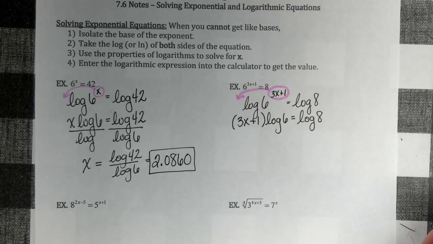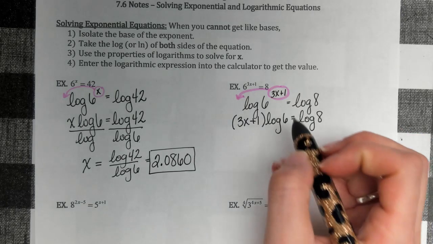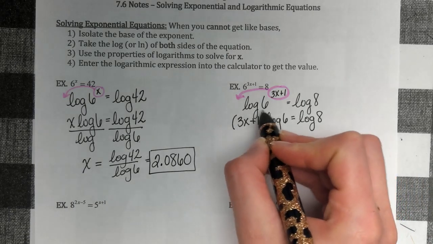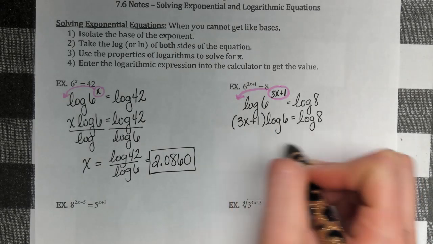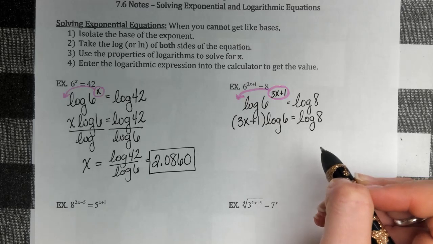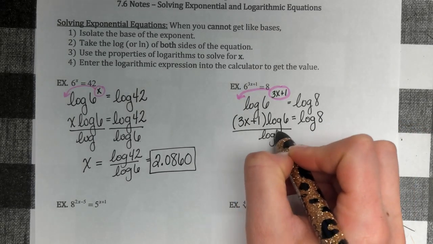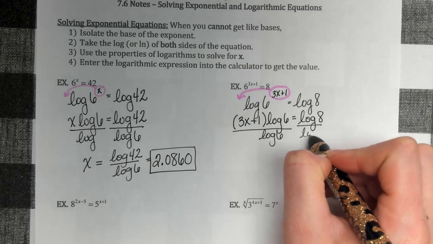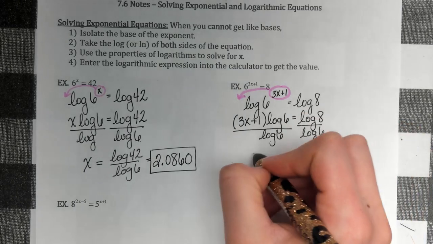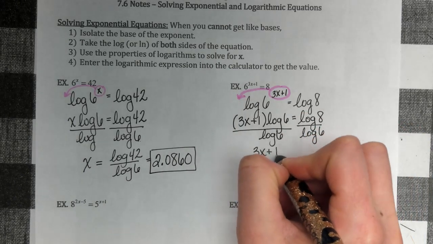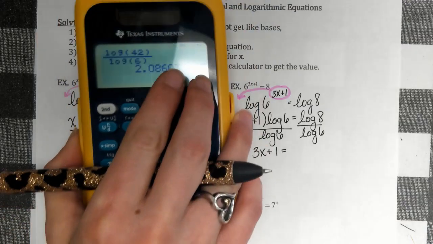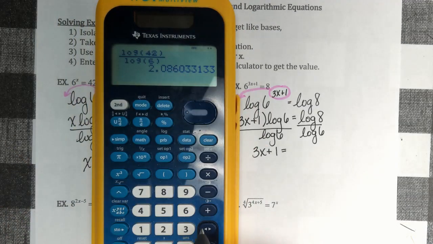At this point, there are 2 things you could do. You could take this log of 6 and distribute it, and then subtract and divide. I'm not going to do that. I'm going to get that log of 6 on the other side. So I'm going to have 3x plus 1 equals, and I'm going to evaluate what that is.